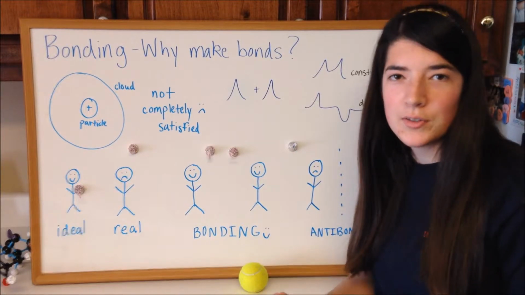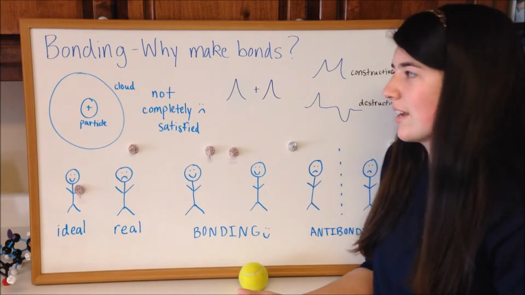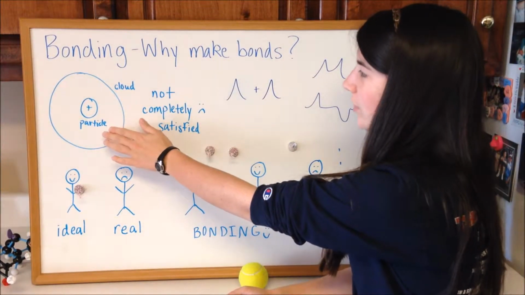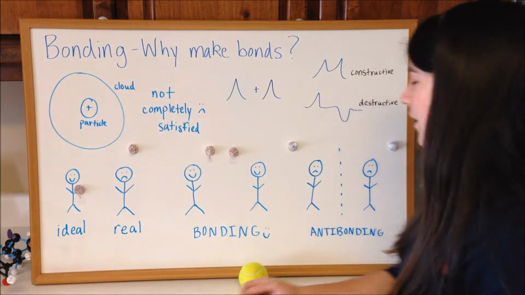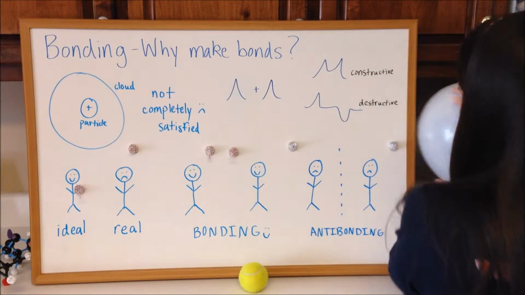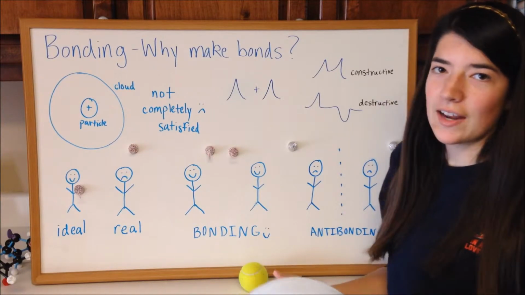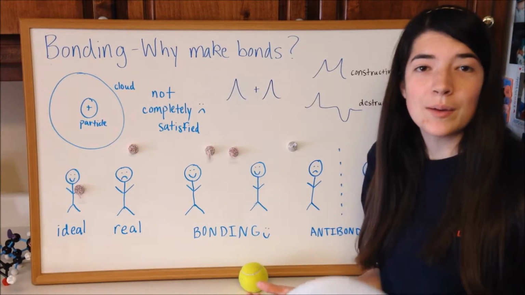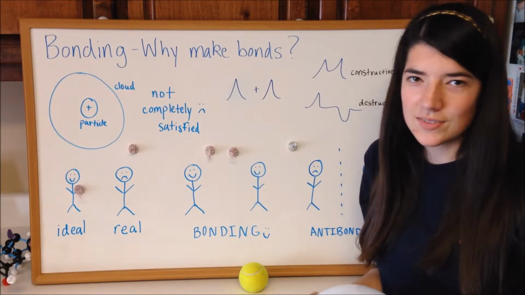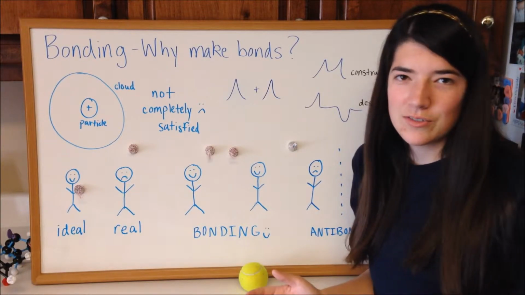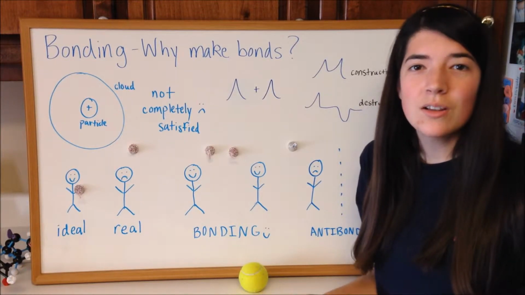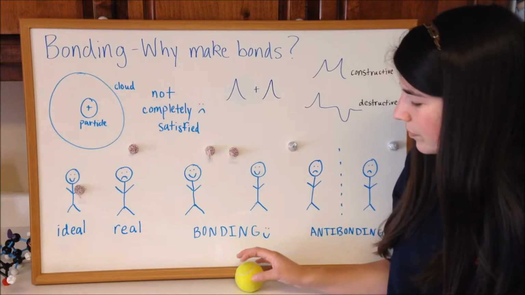A lot of it really goes back to the root of what we talked about last time, the particle nature of the nucleus versus the cloud-like nature of the electron. Because like we talked about with electrostatics, in order for something to be completely electrostatically satisfied, that positive and negative charge really wants to be as close together as possible.